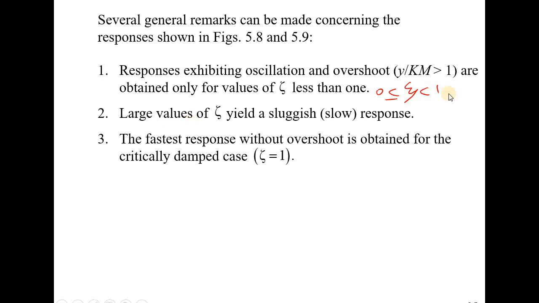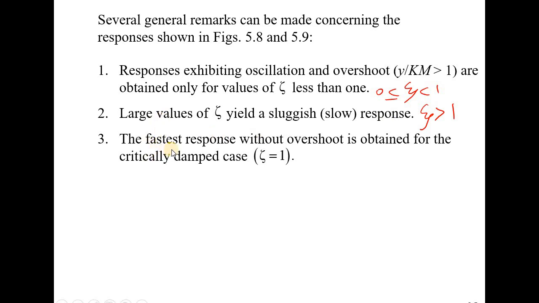When you say 0, we do mean that you're going to get something that is continuously oscillating, and you can check that. A large value of Xi gives a sluggish or slow response. We mean large values which are greater than 1, but the higher you go, the more sluggish and slow it will be.